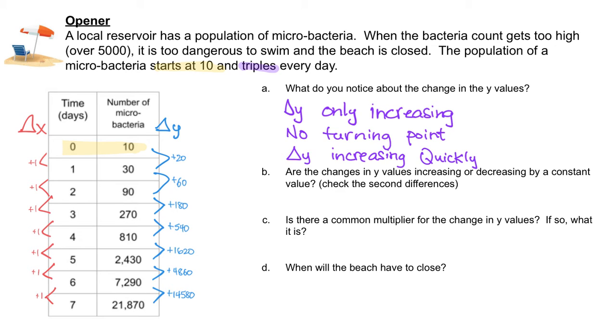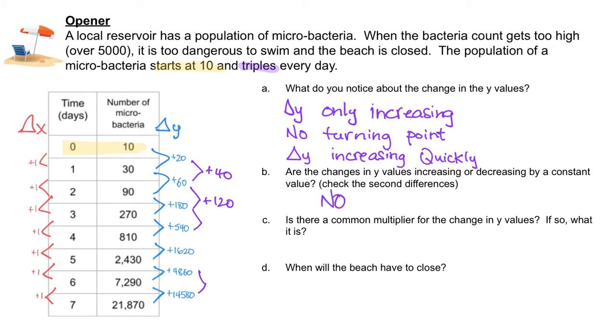If we look here at the second difference, you can see that this is going up by 40, this is going up by 120, and so this is not a constant change. We said down here this was a big change of more than 10,000 or about 10,000. So no, it is not increasing by a second difference.